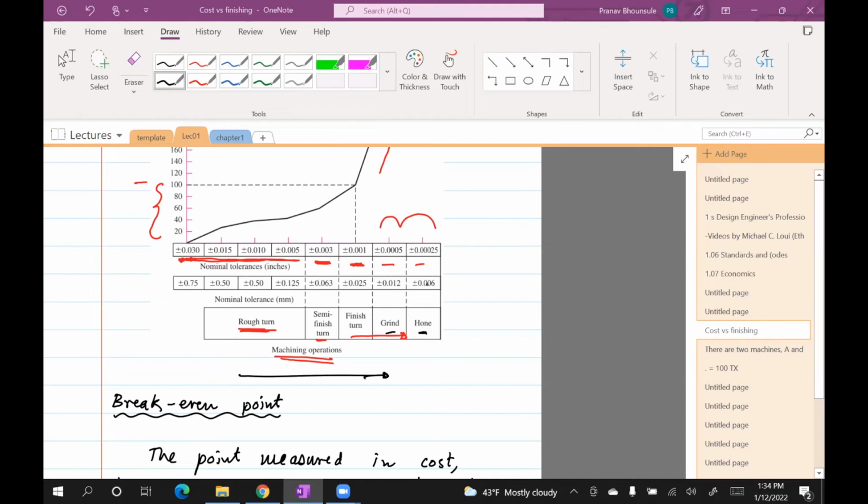For example, if you want to make a machine like a car, then you don't care too much about tolerance, to an extent. But if you are now making a machine which will in turn make another machine which has to be super accurate because the application requires it, then you would need it. So it really is dependent on the application. Okay, I can see what you're saying.